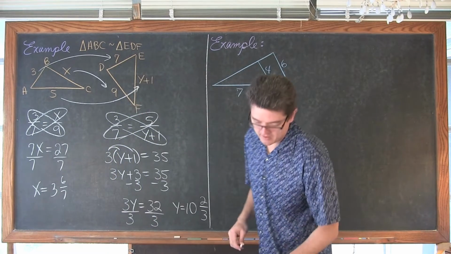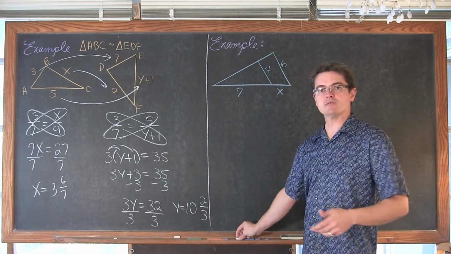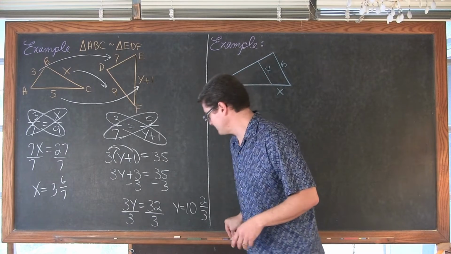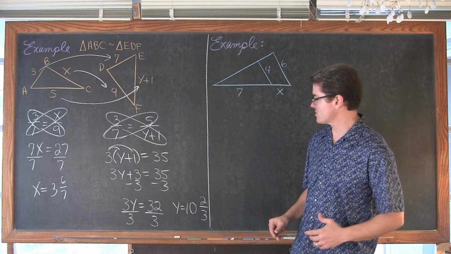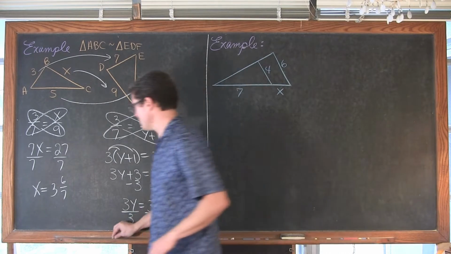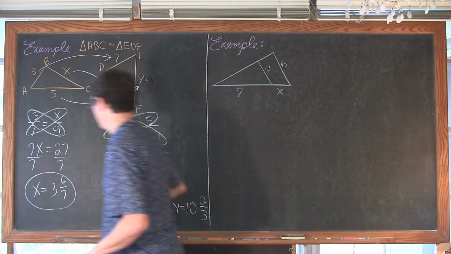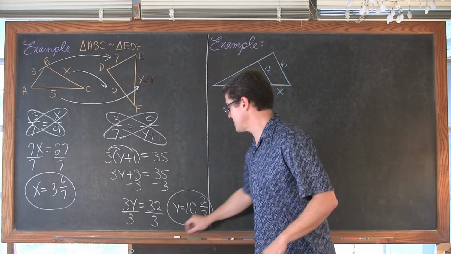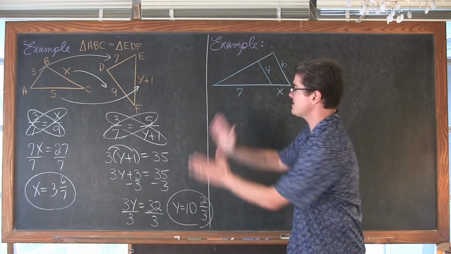And let me just check my work. Yes. I always like to include some fractions in my examples because they're easy to struggle with. So our two unknowns are x is 3 and 6/7 and y is 10 and 2/3. And that's the end of that example.